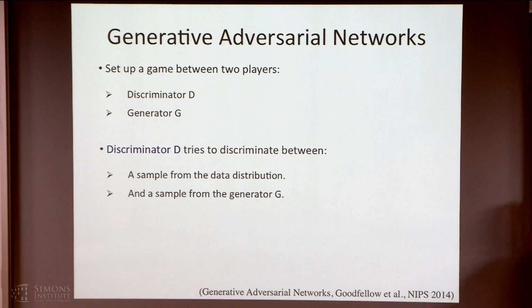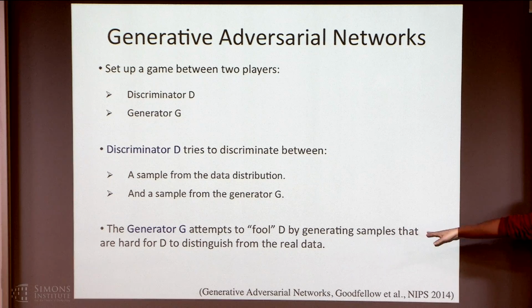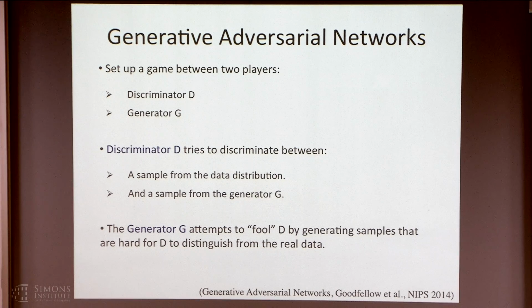So the discriminator is basically trying to say what's the difference between the two. And the generator is trying to fool the discriminator by generating samples that are hard for the discriminator to differentiate between the true samples and generated samples, right? So it's almost like a game between the two players.